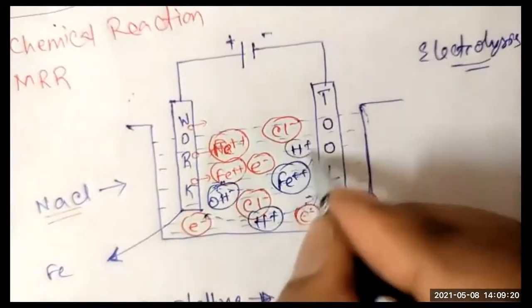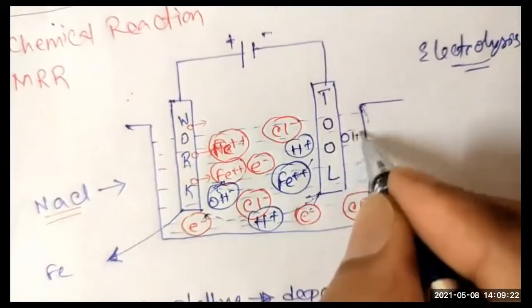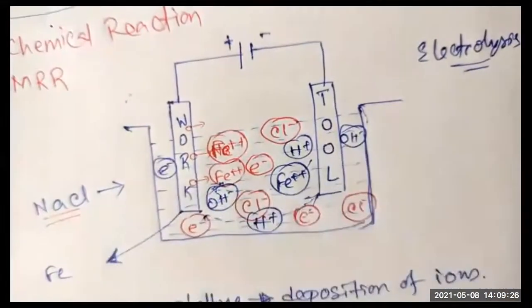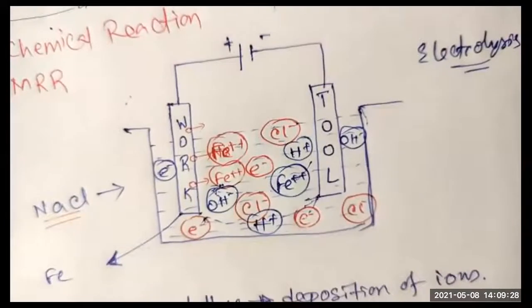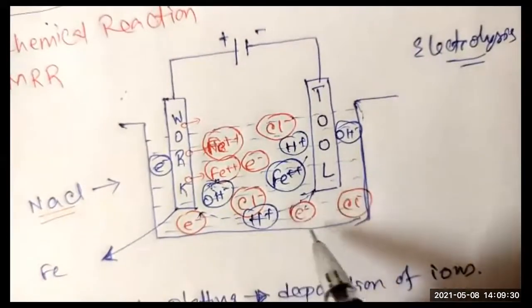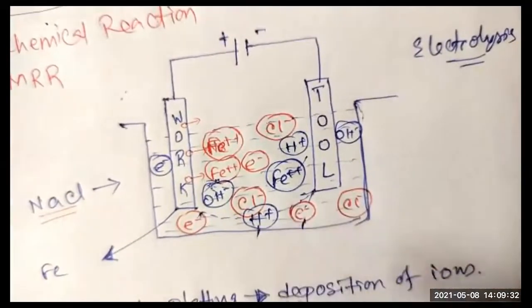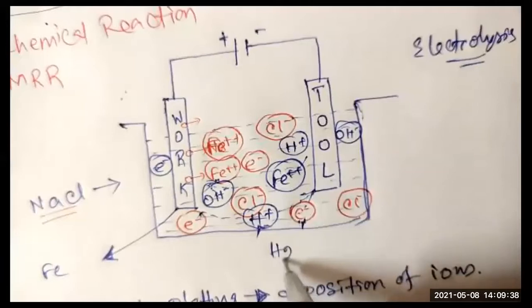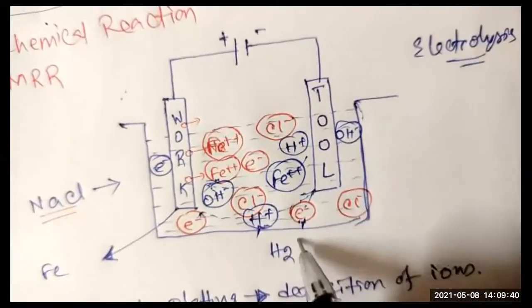So these are a few ions which we are going to have. Now what will happen? The electrons and H plus ions, both together, will make hydrogen gas, and that will evaporate.